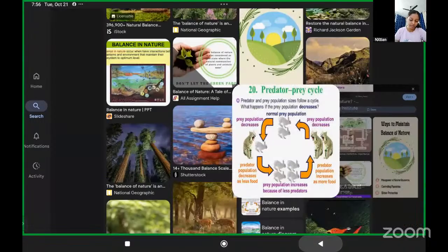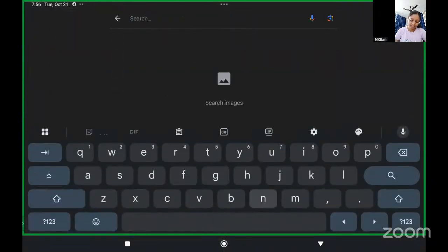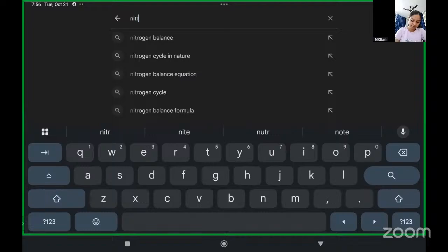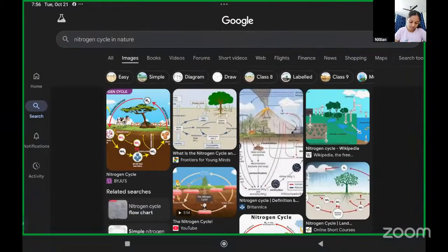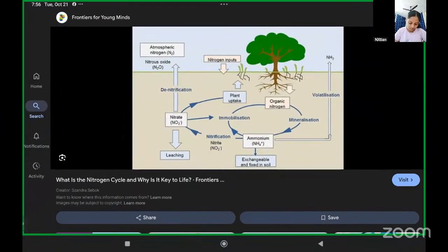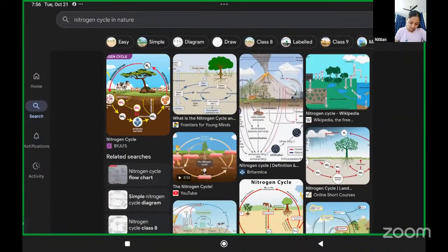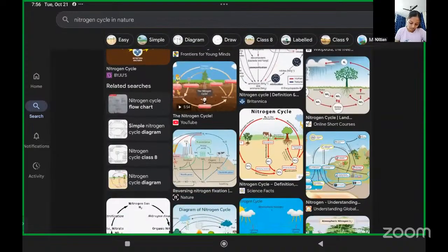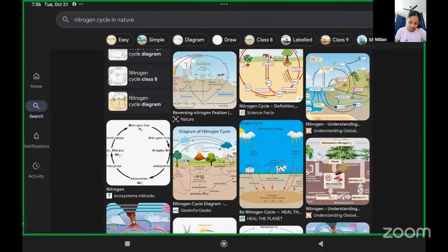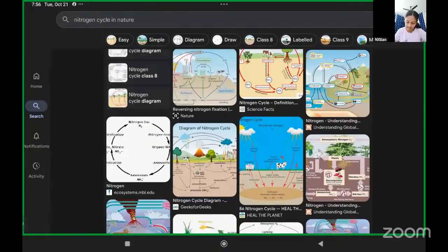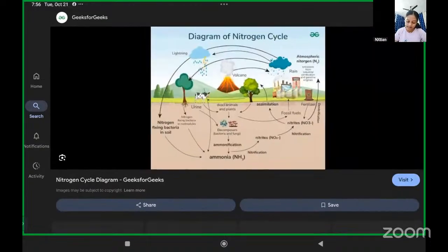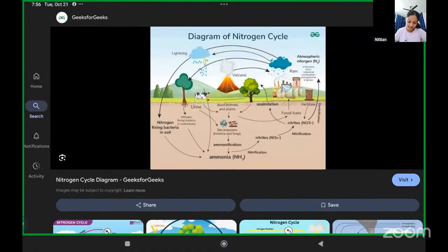I explained you the nitrogen cycle. Even the nitrogen cycle, ma'am, or the carbon cycle? Yes, I think it is the nitrogen cycle only.